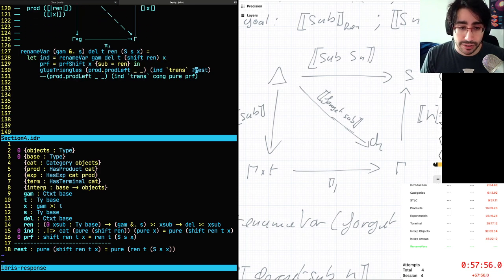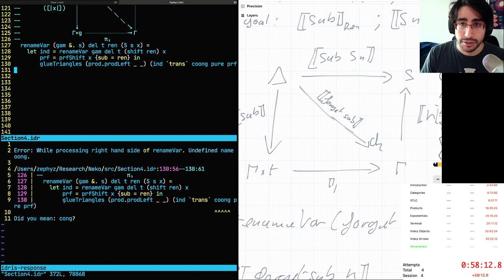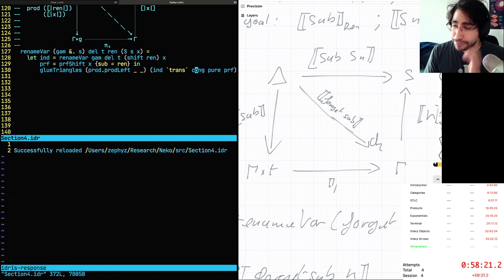But this is simply a congruence on pure and then this proof here. So this is cong pure of proof. And if we type this, it doesn't work because there's a typo. And here we are. Please work. There we go.